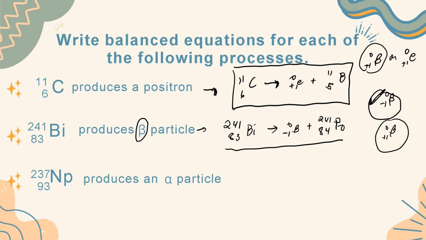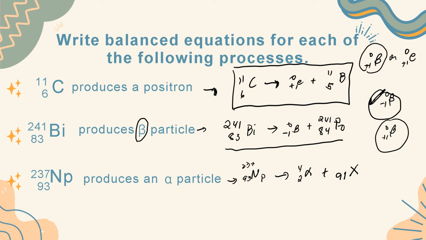So another example here, we have the neptunium, okay, or neptune, I should say. Neptune 237 and 93 produces an alpha particle naman. Alpha particle natin is ganito, di ba? And to balance that, for example, this is X muna. Okay? So, this must be 91 para pareho silang 93, right?